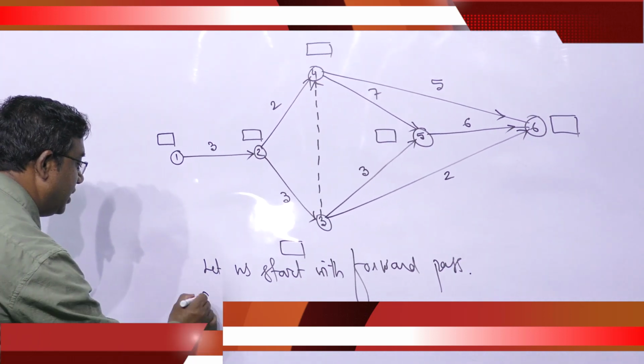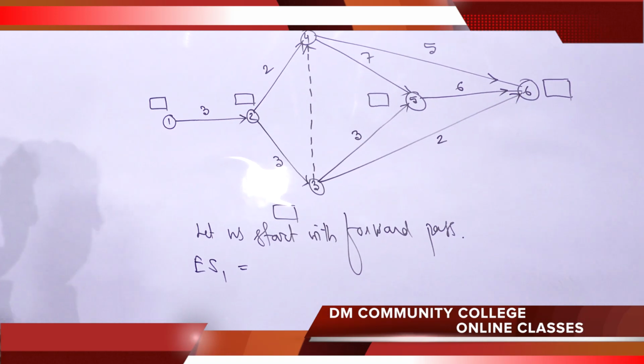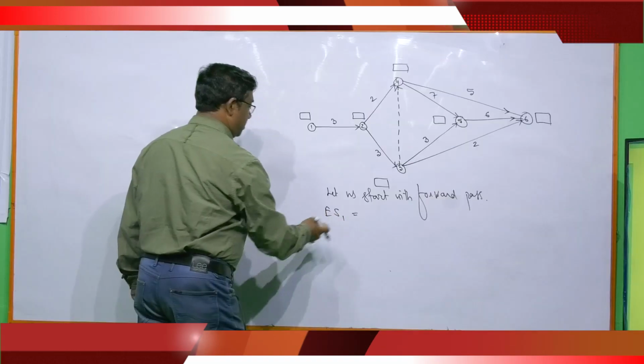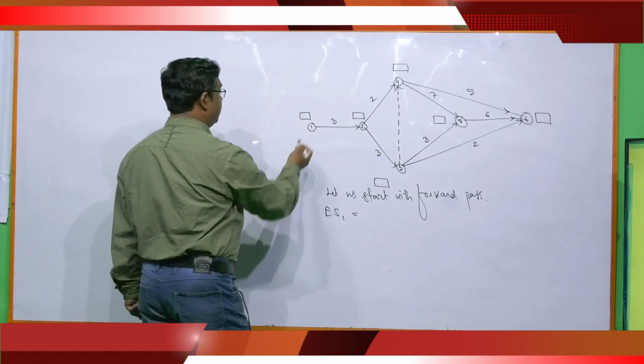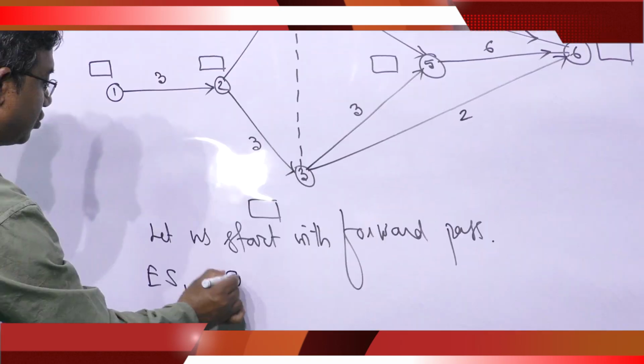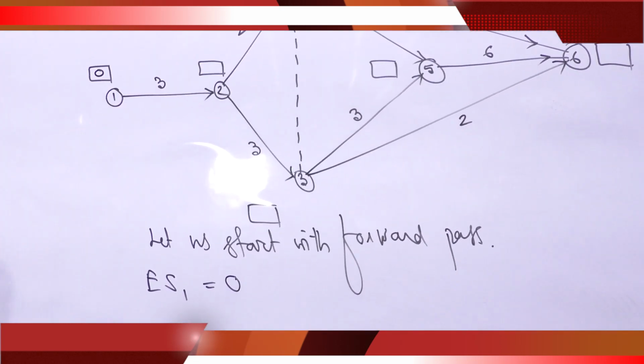So you write ES1. E means earliest start at event 1. So we have to start from 0. At the initial event, the initial time will be 0.